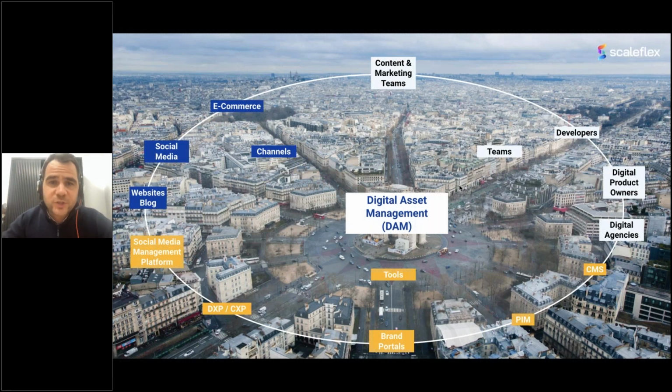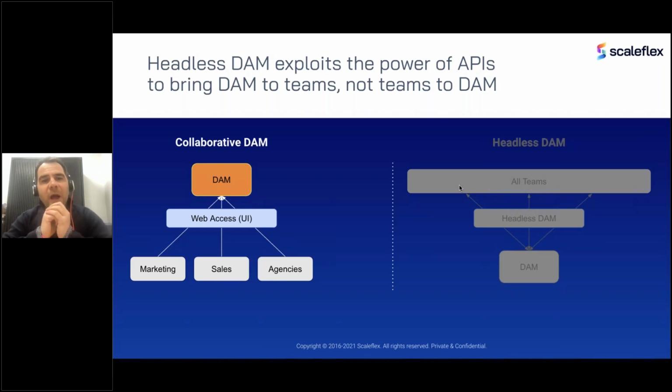So the question now is, how do customers actually consume digital asset management? If we look at the practitioner way of using the DAM, or the collaborative DAM, as we like to call it at ScaleFlex, it's usually a collaboration platform which is accessed over a web UI by the different teams.